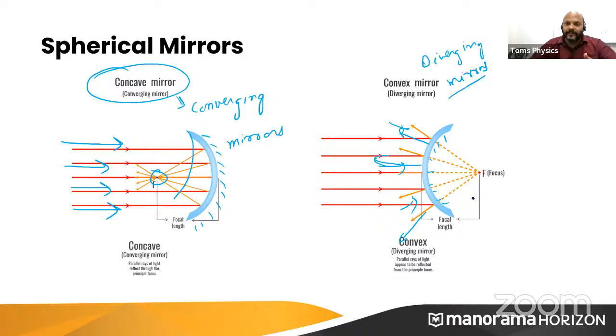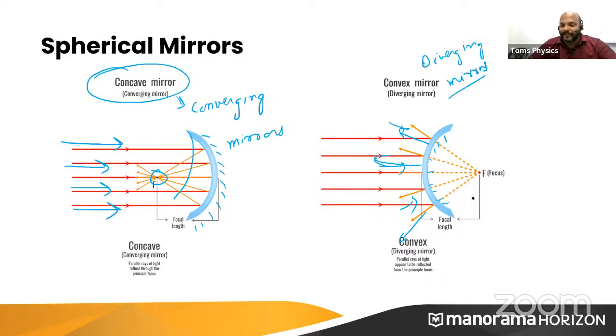The concave mirror, is it forming a real image or a virtual image? This is the question. Amita says real. Hiba says real. Abel says real. Wonderful. Everyone is keeping it real.